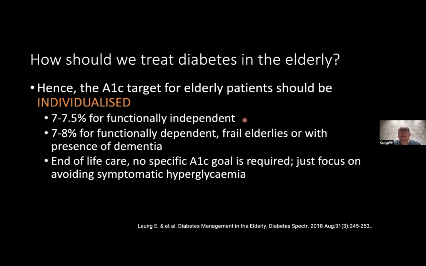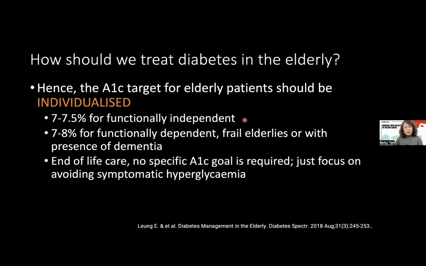So the main thing is that as long as the sugar does not go too high beyond 12 to 15, the risk of acidosis should not be there. So if the sugar is around 8 to 10, it should be okay for a patient who is terminally ill or very, very old. But if it's quite functional, quite good, then we should aim for a sugar of 6 to 10.